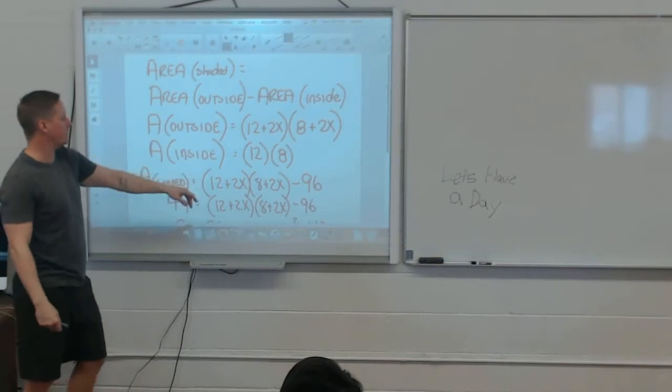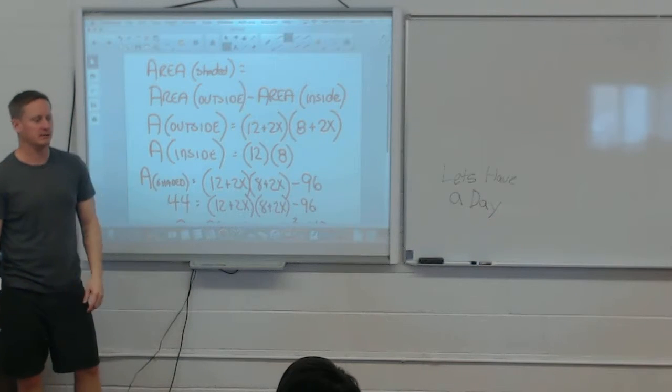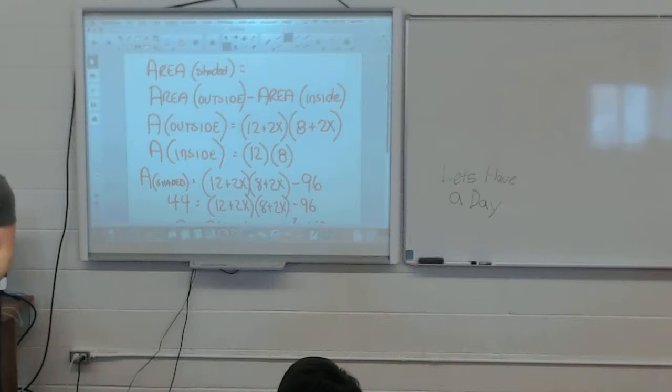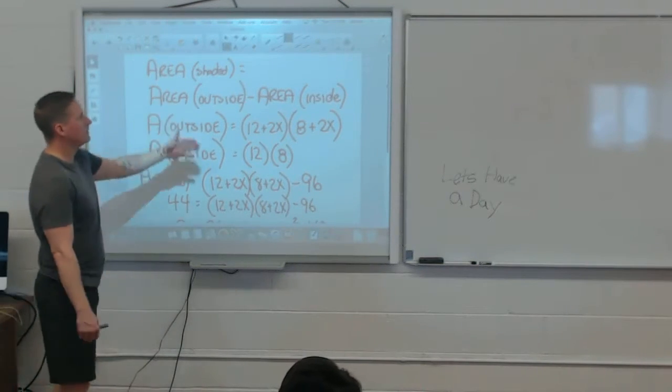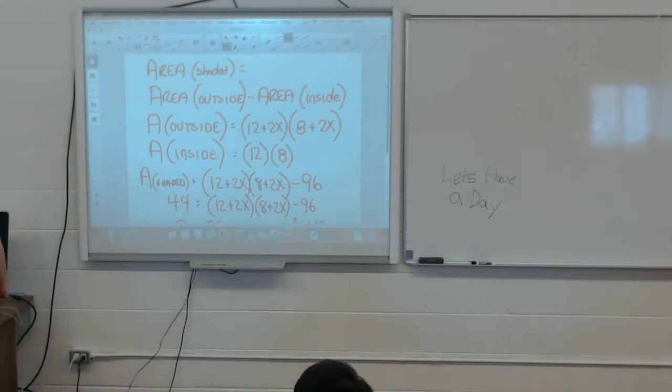The area of the outside is found by taking 12 plus 2x times 8 plus 2x. Area of the inside is 12 by 8. This will happen again, except you will have circles in which your area is pi r squared. Okay, so you will have to do this type of question using circles as well. And I can guarantee you will see this 2 or 3 more times.